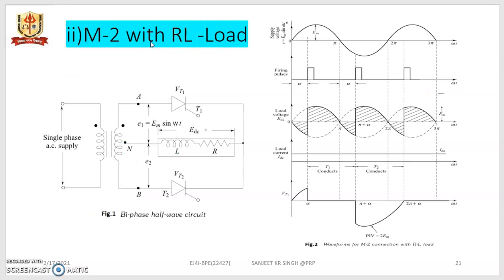Now the second circuit is the M2 circuit with RL load. Here the resistive load is now replaced with a highly inductive load.